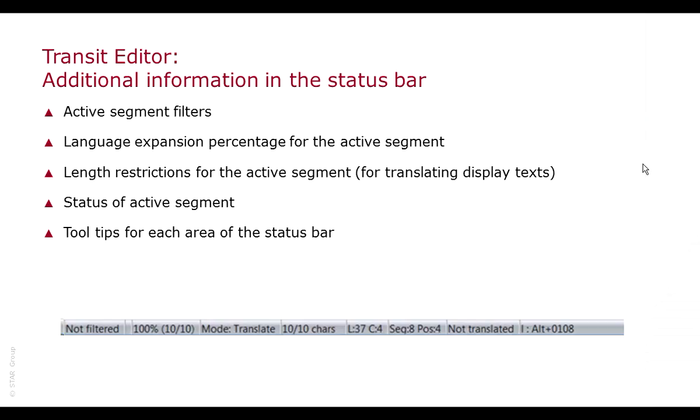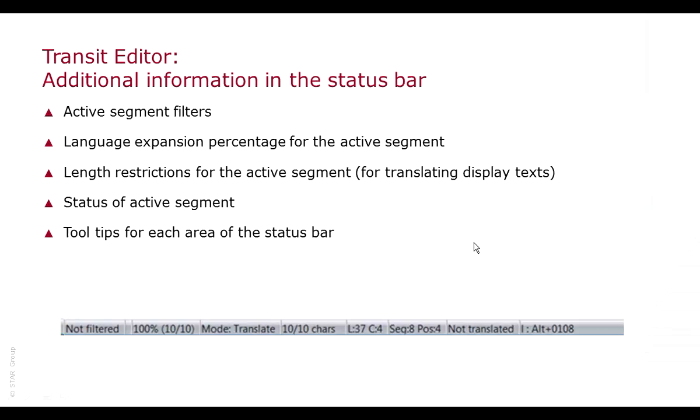The next improvement refers to the Transit editor. We have additional information in the status bar. A lot of users of Transit haven't even noticed that there exists such kind of status bar. Now, just have a little look at it.